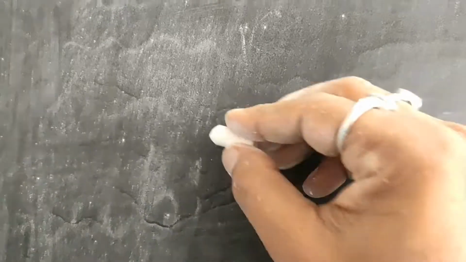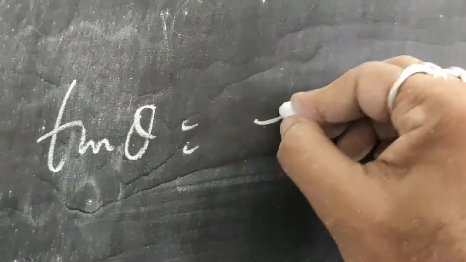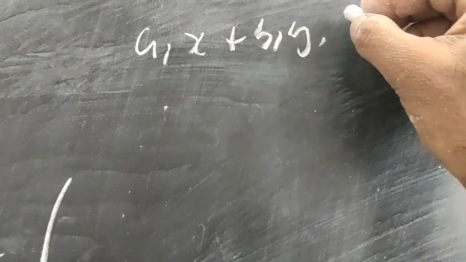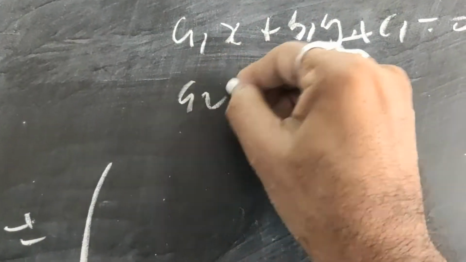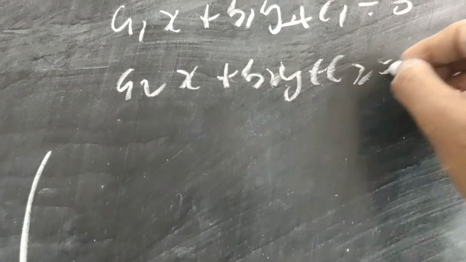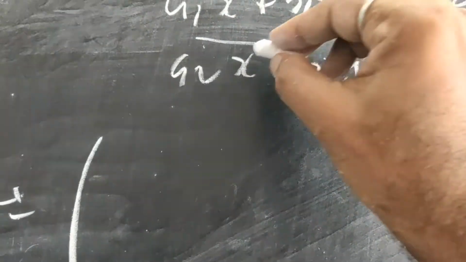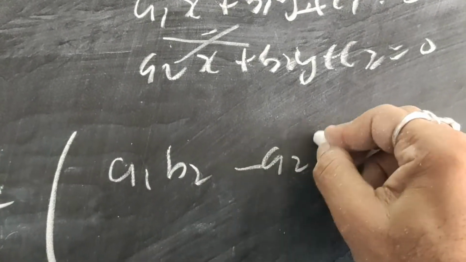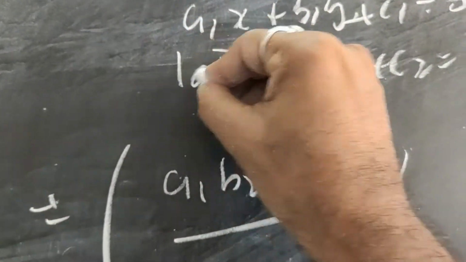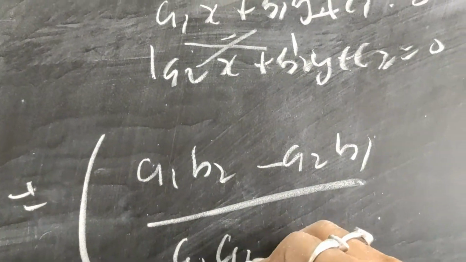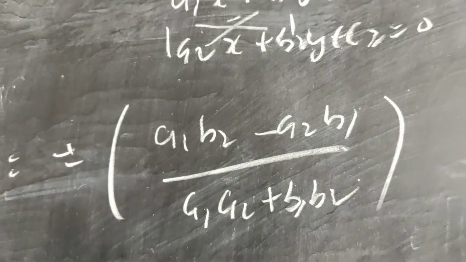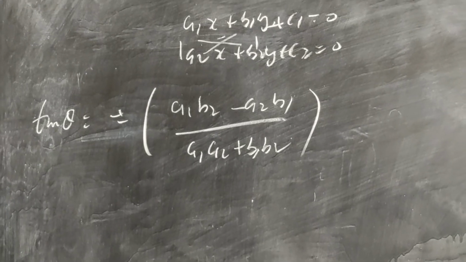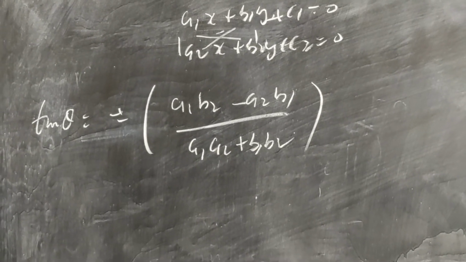Tan theta equals plus minus, we can write this formula this way: a1x plus b1y plus c1 equal to 0, a2x plus b2y plus c2 equal to 0. First cross multiply and taking minus, we can write this way: a1 b2 minus a2 b1 upon, and then multiply this way: a1 a2 plus b1 b2, right? This way we can write the formula also, angle between two lines, right?